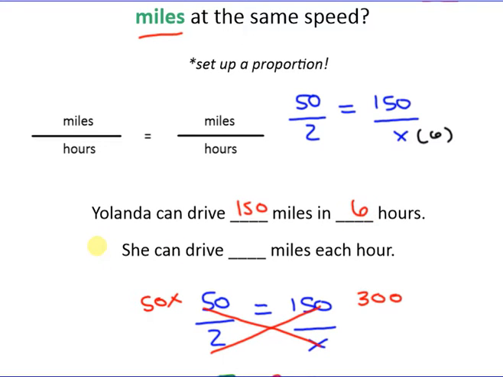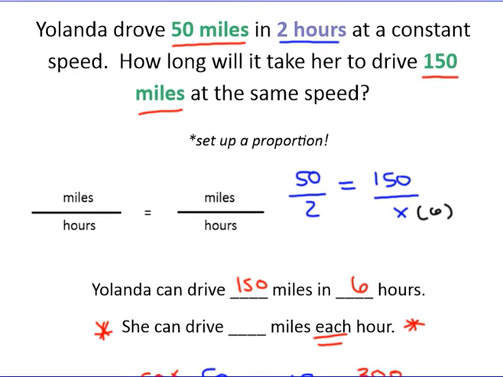But now it's asking us a follow-up question. Yolanda can drive blank miles each hour. Each hour is a unit rate question. So how many miles can she drive in 1 hour? So I need to find the unit rate. Well, that shouldn't be too hard. I can take either one of these and find the unit rate.